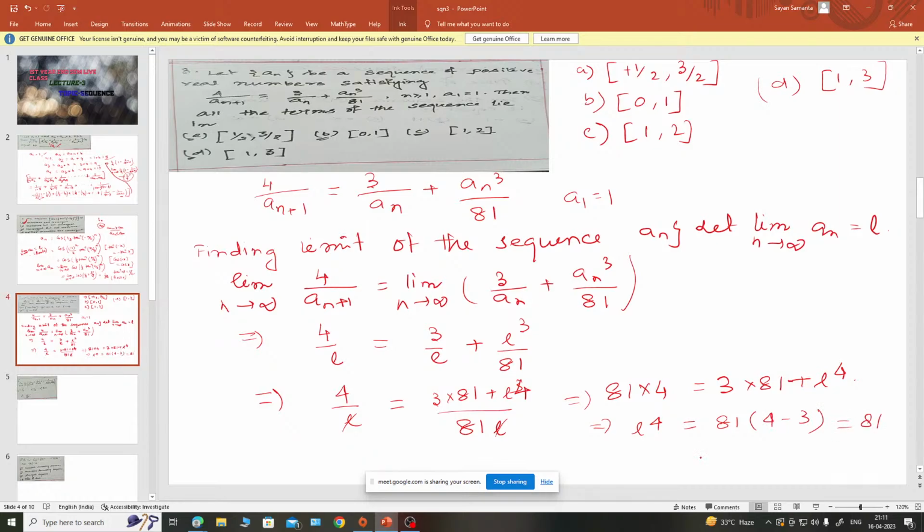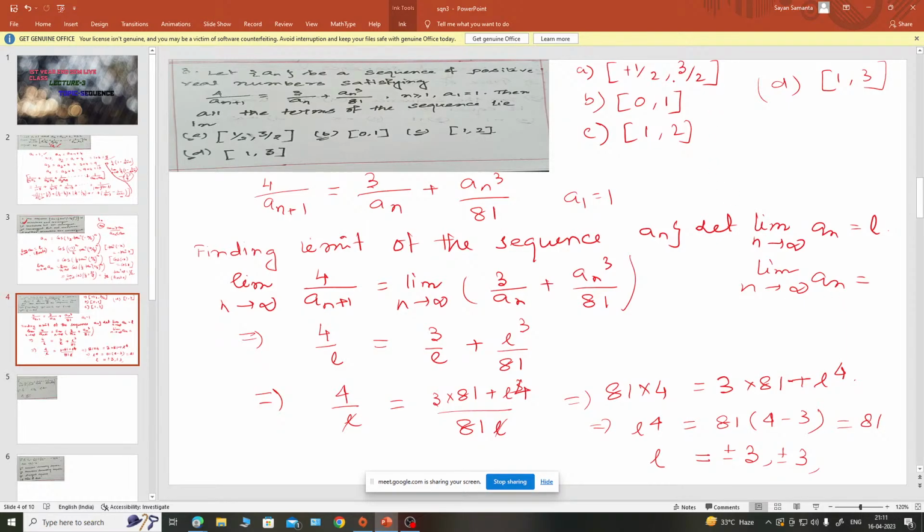So we can find L equals plus or minus 3. Is it clear to everyone? So the limit of a_n is 3 or minus 3. Whichever option contains the value 3, that is the correct answer.